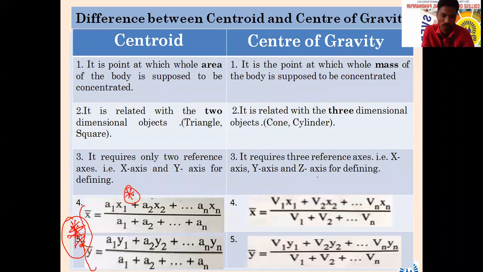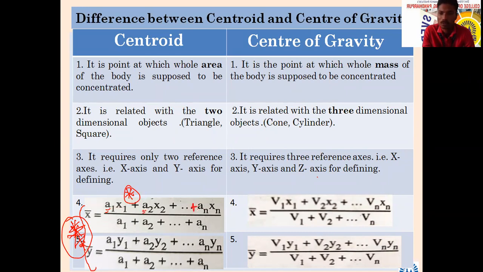These two formulas, x bar and y bar. What is x bar? A1 x1 plus A2 x2 and so on. A1 stands for area. If a particular figure is divided into a number of subparts, then A1 will be the area of the first part, A2 the area of the second part, then up to An, so here I will write plus.